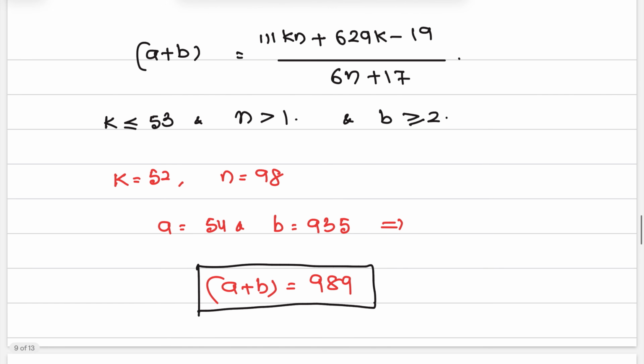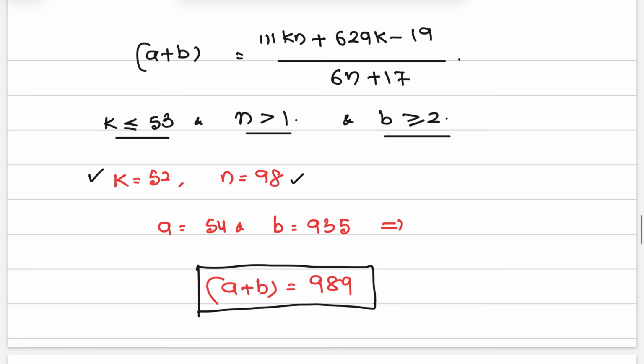Then apply this in this formula and try to find out the a plus b value and try to find out n also. n is greater than 1, b is greater than or equal to 2, k should be less than or equal to 53. These constraints you apply and you will get an answer. k is equal to 52, n is equal to 98 and we will get an answer that a plus b is equal to 989.